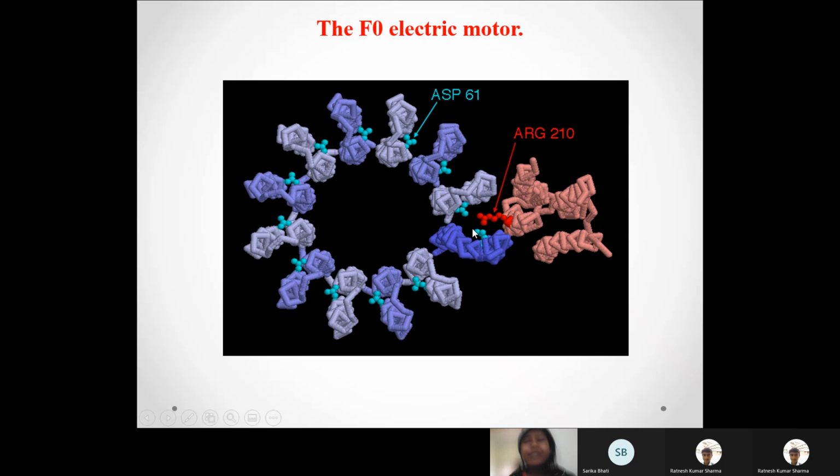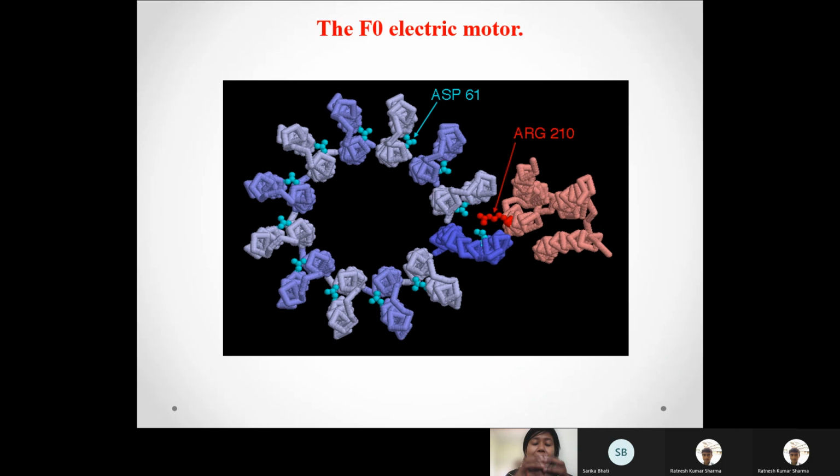It's a little difficult to comprehend in this way, but just for your information, there are at least two residues I'm trying to highlight here. One aspartic acid residue and one arginine residue. और स्पेसिफिकली आप याद रखिए कि एक एस्पार्टिक एसिड रेसिड्यू है जो फ्लैजुलर मूवमेंट में भी इम्पोर्टेंट है और एटीपी सिंथेस मूवमेंट के लिए भी इम्पोर्टेंट है.